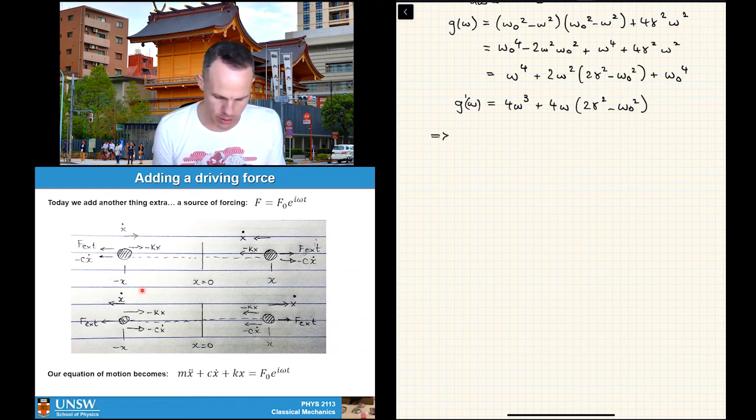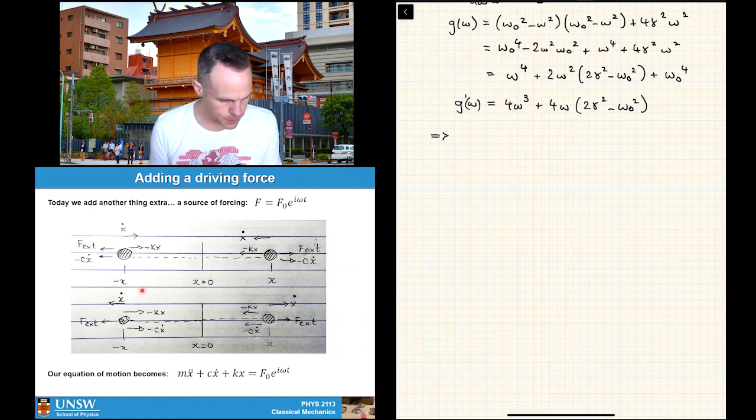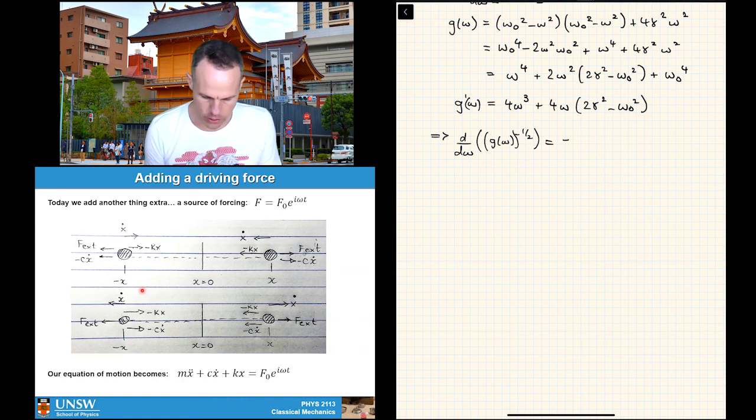And so then our power function rule tells us that the derivative that we were after, d on d omega of g of omega to the minus a half, like so, okay? So this is going to give us a factor of minus a half out the front. Then we're going to get g of omega to the n minus 1, so it's now going to be g of omega to the minus 3 halves.